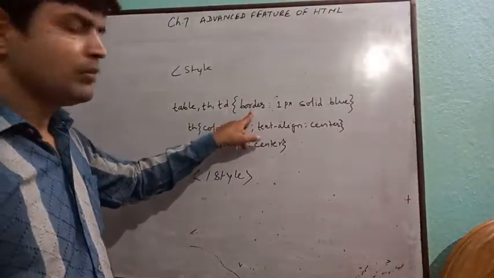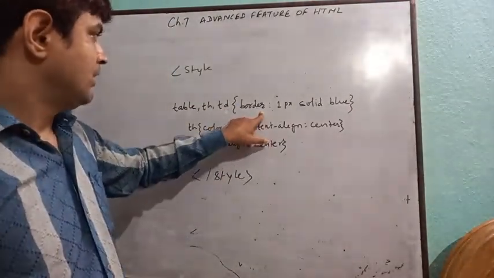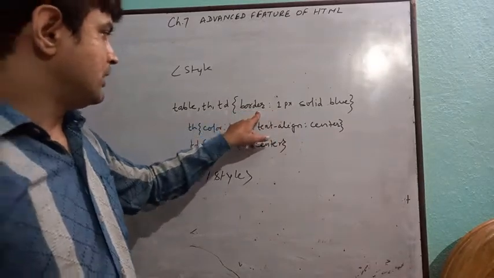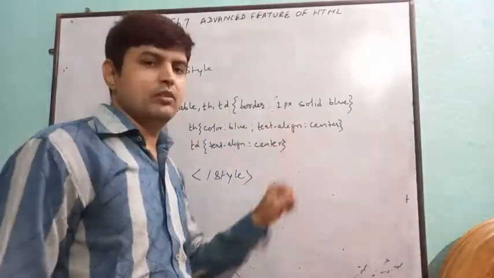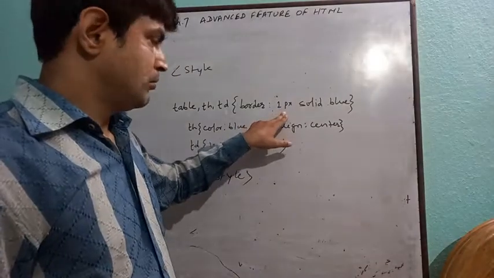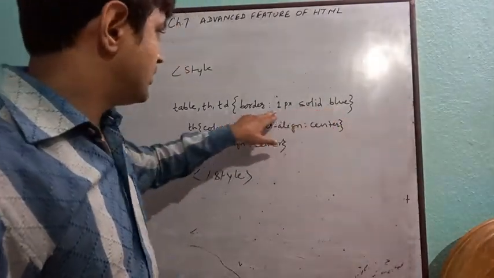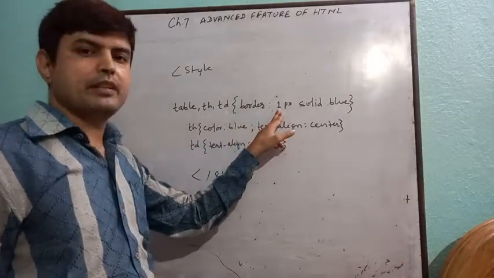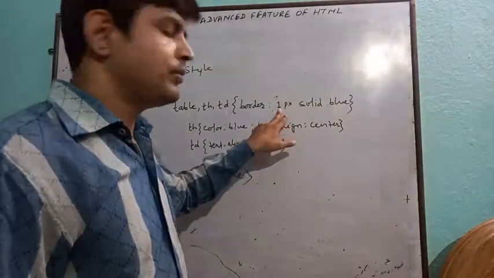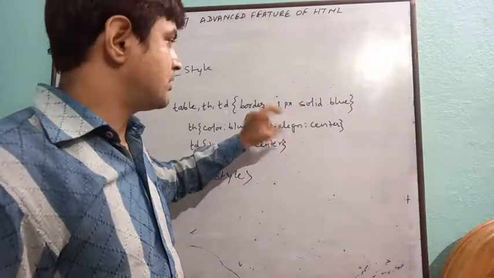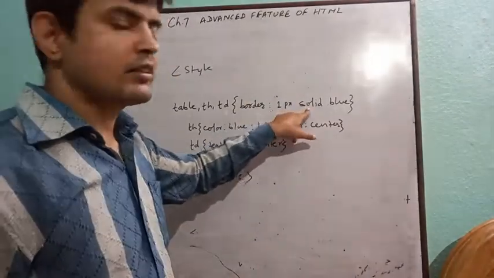Here the border property is being used, and as we know the syntax is border colon value, and the value is for border width, border style, and border color. For border width the value is 1 pixel, meaning the border should be 1 pixel. It defines the thickness of the border. The next is border style.